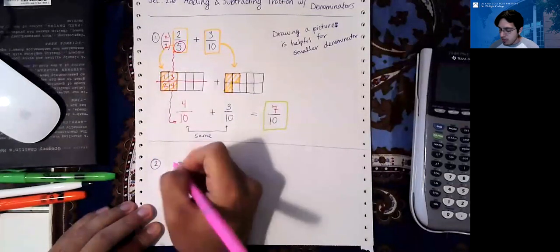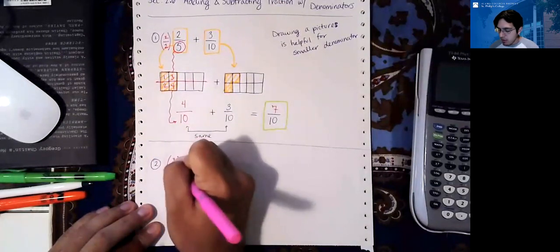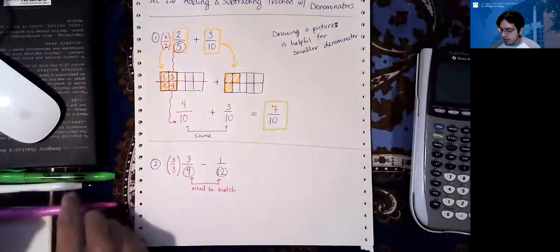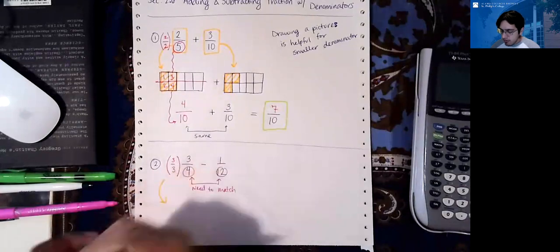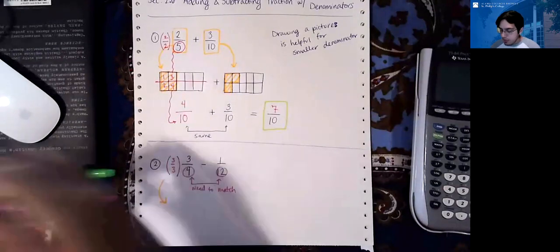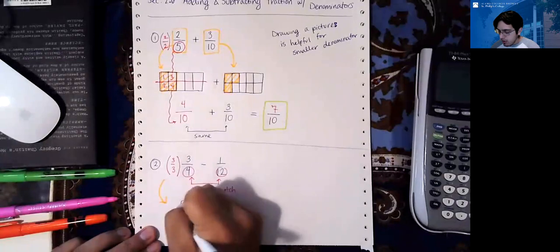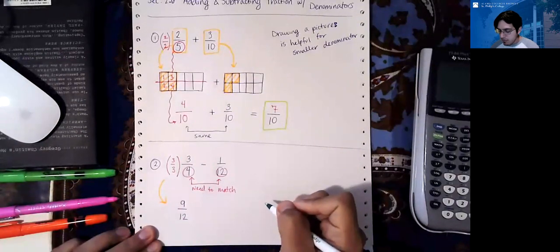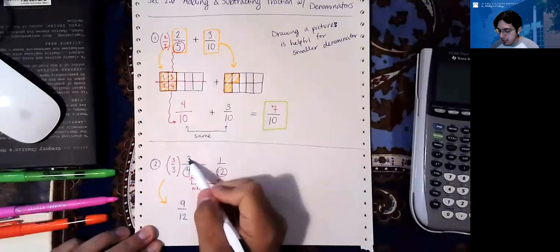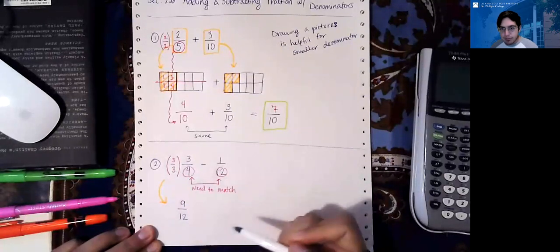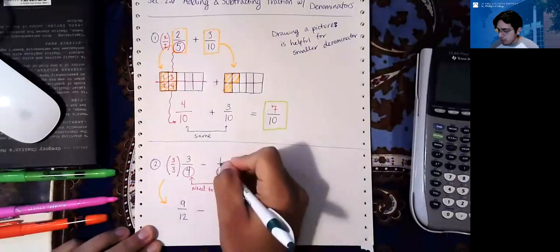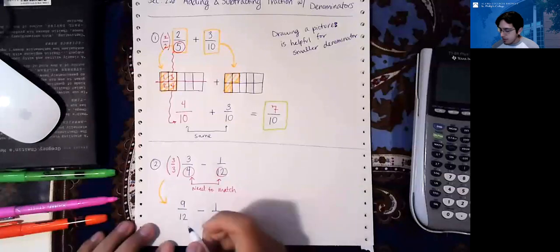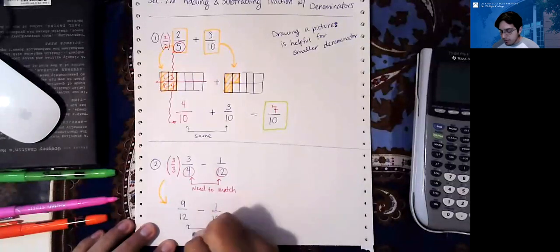So we'll go ahead and multiply this fraction by 3/3 so that we can change it to 9/12. Right? 3 times 3 is 9. 3 times 4 is 12. And now, if I just bring this fraction down, we didn't have to do anything to it. They have the same denominator, right? We have matched these.